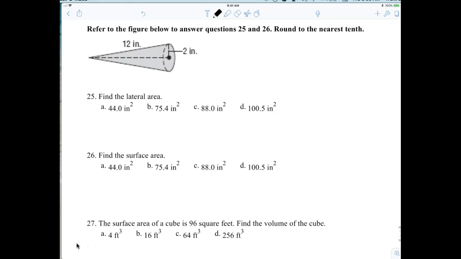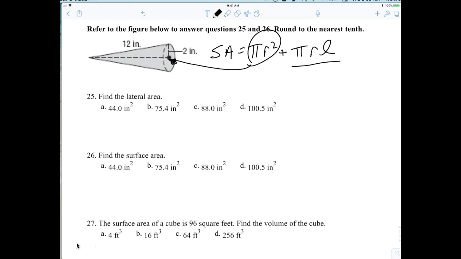Came back to that. I know we did lateral area, but it should be 150. Shouldn't it? Okay. So now, for the cone, we did the surface area. So let's talk about it. The surface area is pi r squared plus pi r l. Pi r squared represents the circle, the area of the base. So the lateral area is pi r l, and l is the slant height.